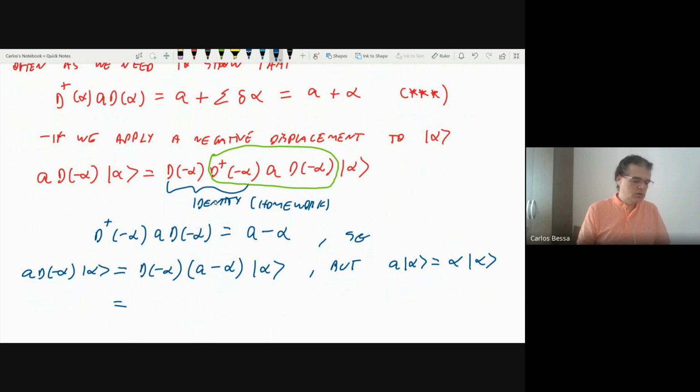So this will be 0, right? a D of minus alpha applied to alpha will be 0, because this is D of minus alpha, alpha minus alpha, alpha, which is 0.